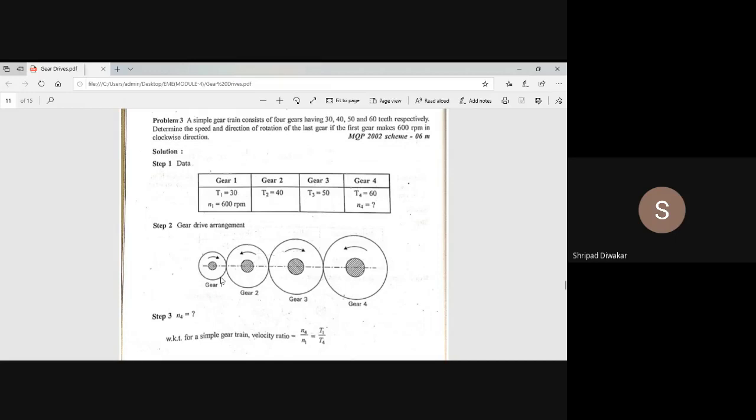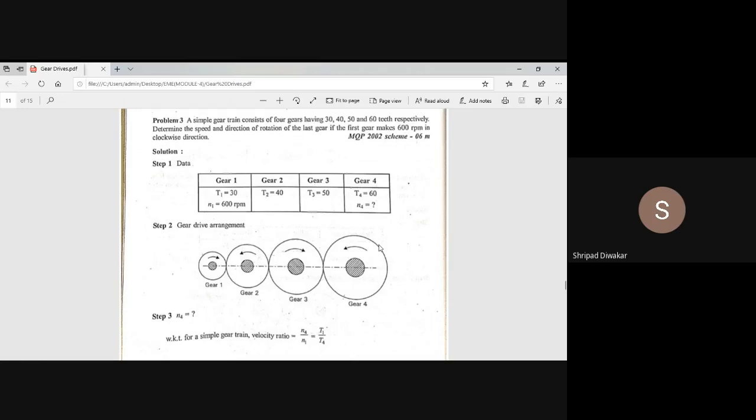If gear 1 rotates in the clockwise direction, then gear 2 rotates in the anti-clockwise direction. And if gear 2 is in ACW, gear 3 is in the clockwise direction, like that you have to show the direction. And they are in increasing order because the number of teeth on the first gear is 30, second gear is 40, third gear is 50, and the last gear is 60.